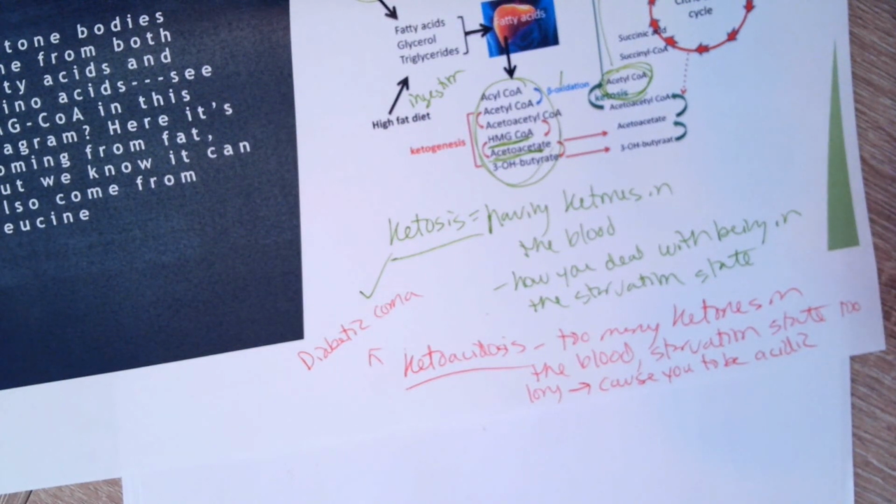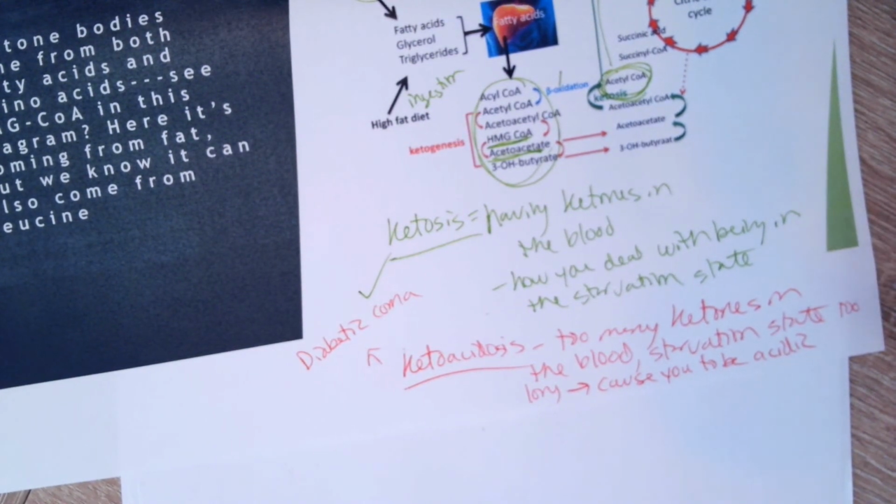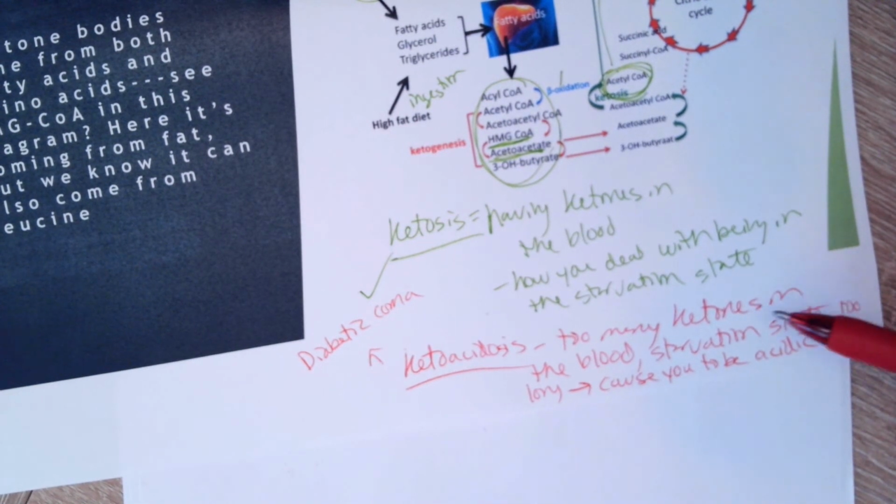They could have plenty of glucose in the blood, but it's not able to get into the cells. So that becomes a starvation state, essentially, for their cells. They start breaking down proteins too much, too often, for too long, and you end up with ketoacidosis as a result. So that's obviously not a good thing. But that ends our lecture on ketones and proteins, and on glucogenic amino acids in our next video.